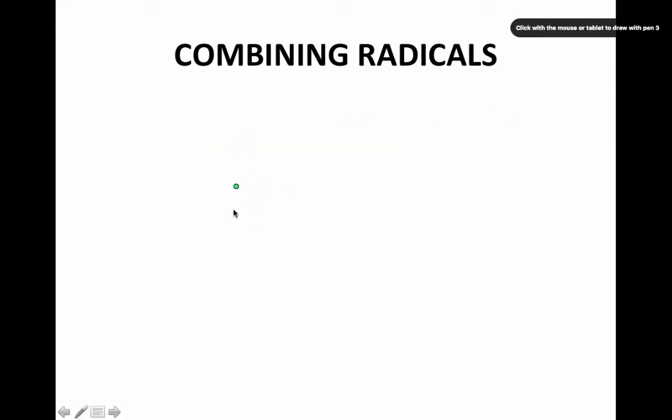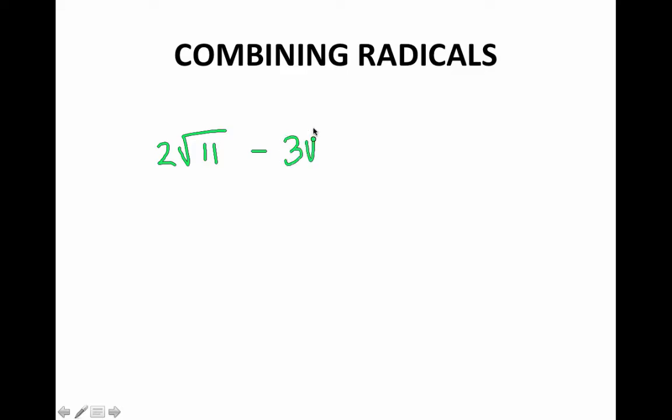But if we had 2 root 11 minus 3 root 11 plus 11 root 2, there's 2 of these terms that are like terms and 1 that is not. So the root 11s have the same radicand, and those can be combined, but root 2 cannot be combined with those.